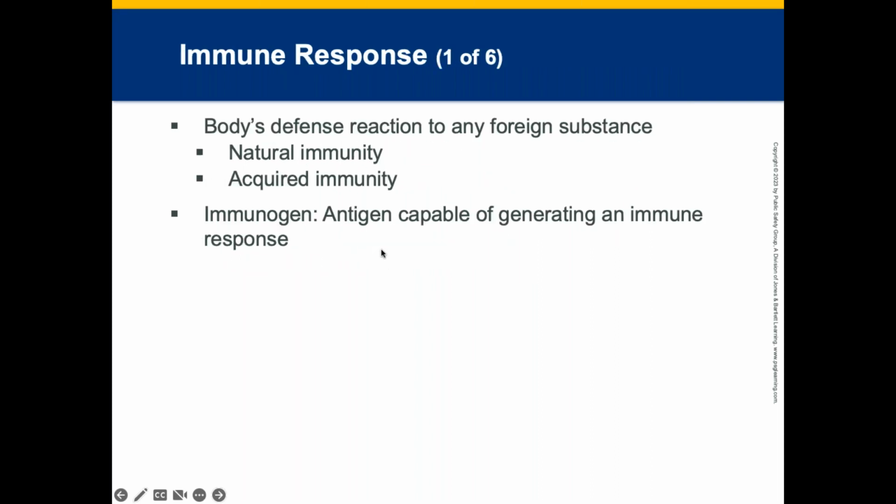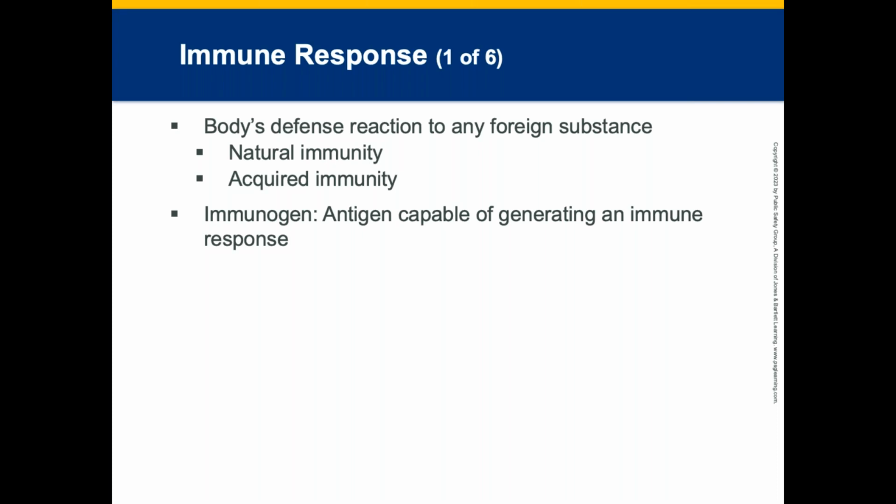So the body's immune response is the body's defense reaction for any foreign substance, directed against invading microbes, foreign bodies, and abnormal cell growth. The innate response starts first and is then reinforced by more specific acquired responses. Components of the cell wall activate the complement system.